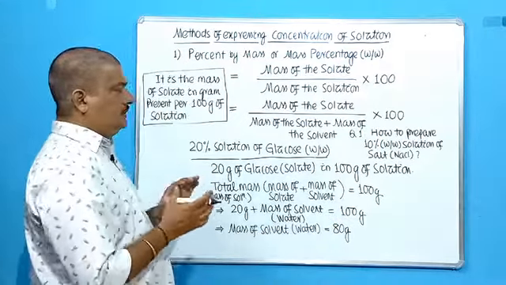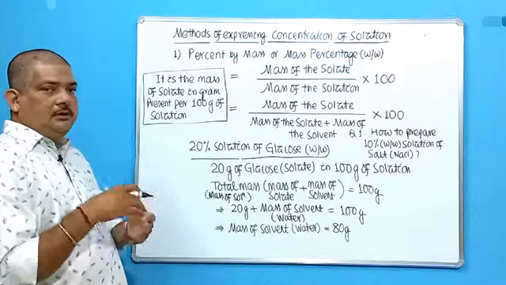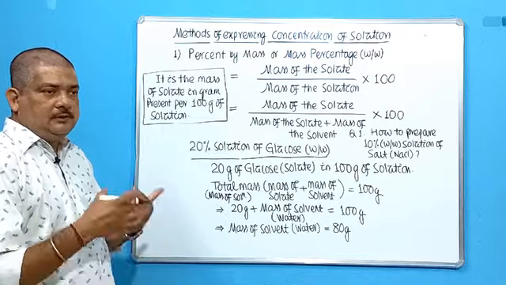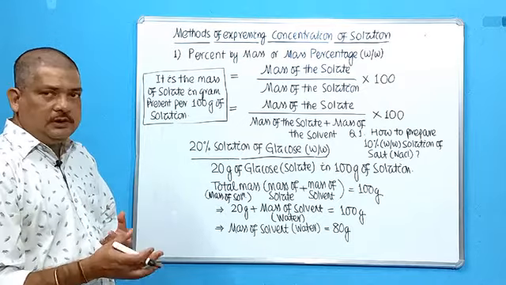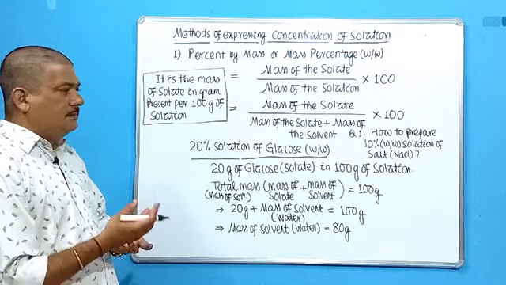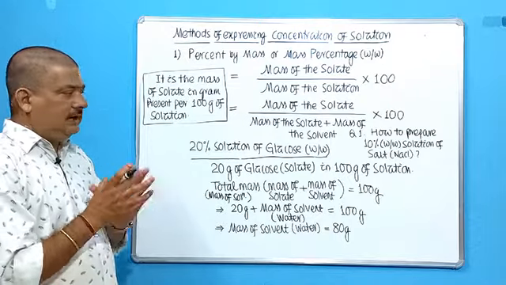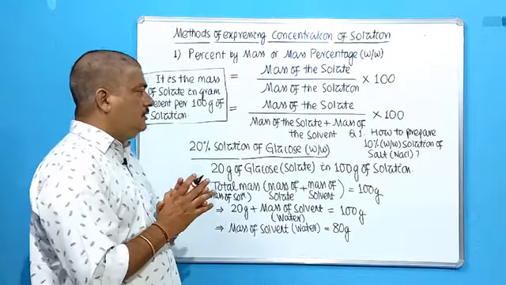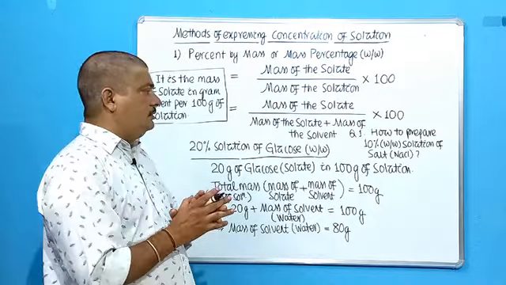Suppose you want to prepare 10% solution of sodium chloride. So how much amount or what are the quantities of, here the solute will be sodium chloride, salt, and solvent will be obviously water. So what are the amounts or mass of sodium chloride and water to be taken so that the solution becomes 10% mass percent, that is weight by weight percentage of solution. Okay. So next we will be discussing the number 2, that is W by V.